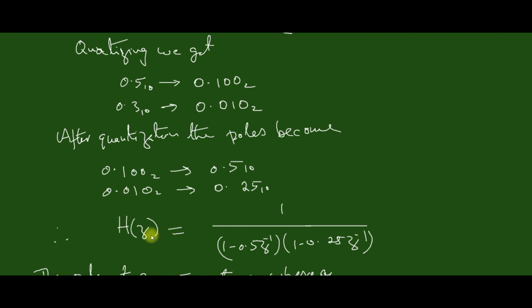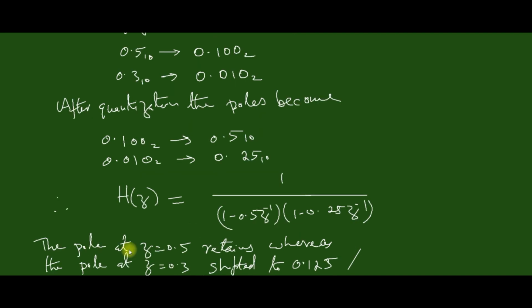Now the corresponding H(z) after quantization is obtained as 1 minus 0.5 z inverse into 1 minus 0.25 z inverse. So the pole at z equal to 0.5 is retained, whereas the pole at 0.3 is shifted to 0.25.